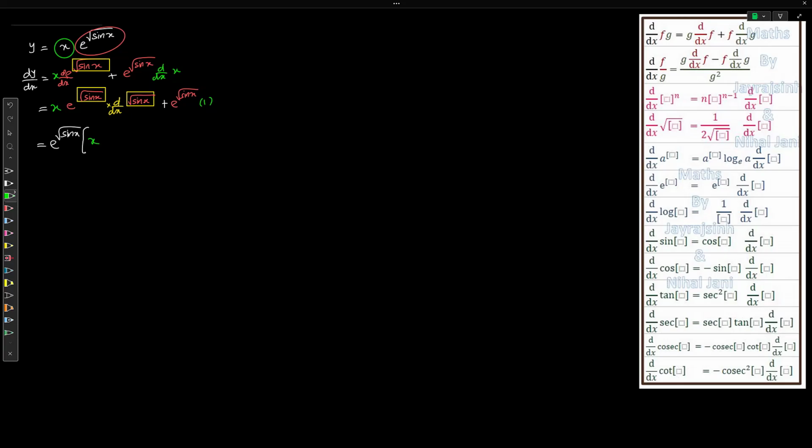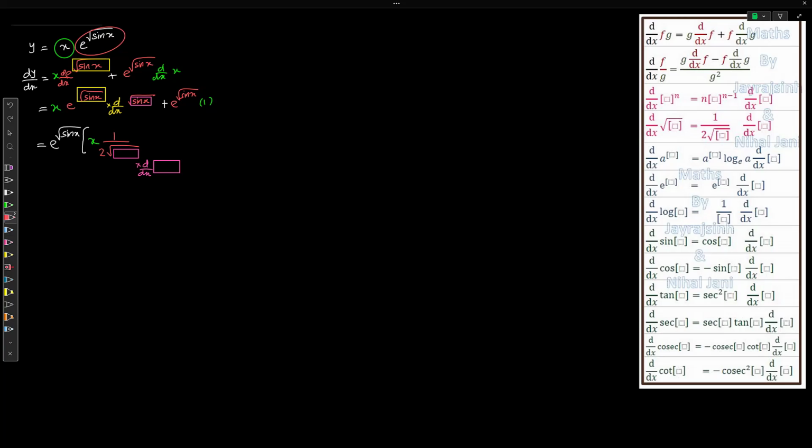First term x as it is, differentiation of root sin x. Yes, basically this time we have to put sin x in the box, right? So the differentiation of root box will be 1 by 2 root box into differentiation of box.